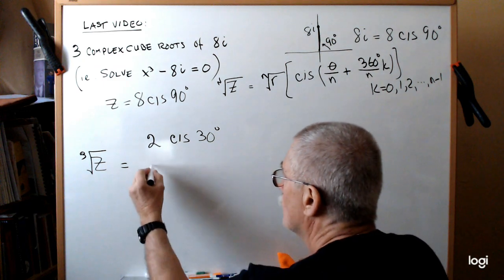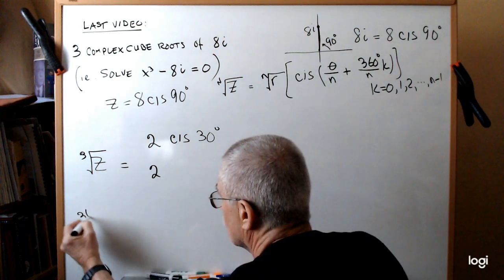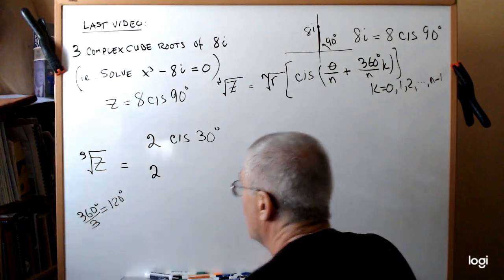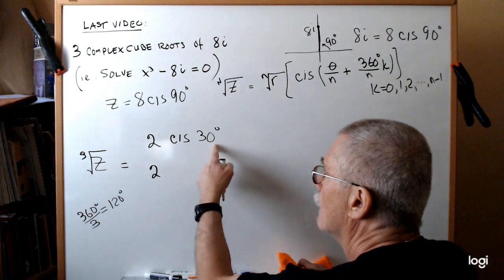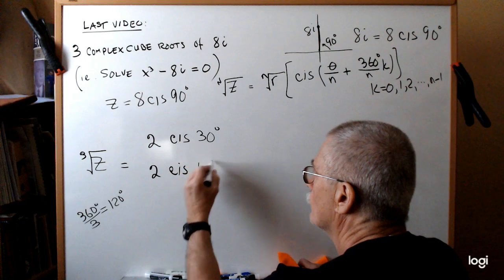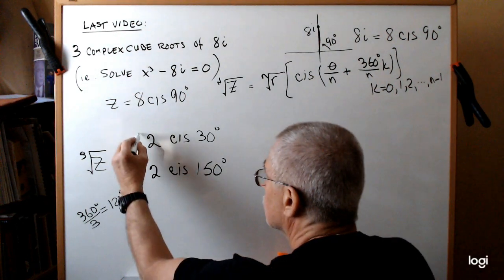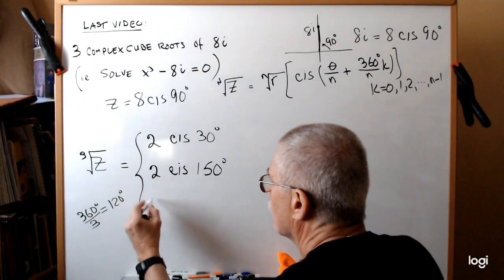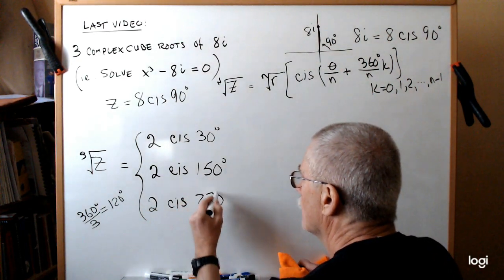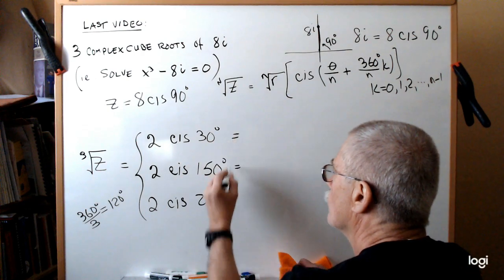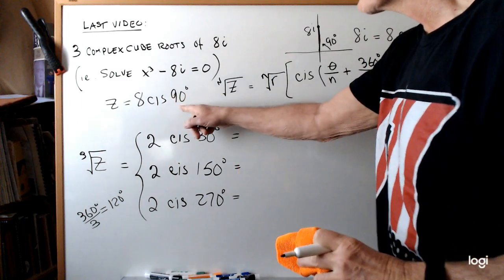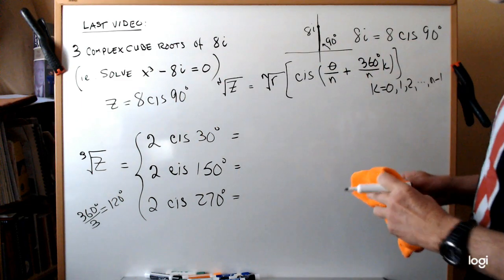To get the next one, we take 360 divided by 3, and we add 120 onto our 30-degree angle. So the next one, 120 plus 30, is 150. And the next one, adding 120 again, is 270. So these are our 3 cube roots of 8 cis 90, which is equivalent to our 8i.